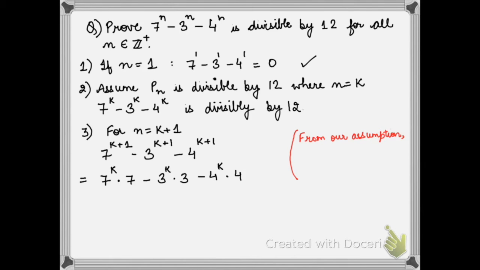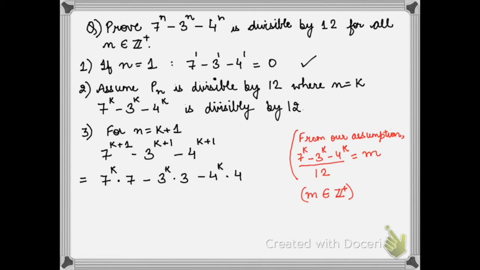From our assumption, we know that 7 to the power of k minus 3 to the power of k minus 4 to the power of k is divisible by 12. What it mainly means is that if I divide this equation by 12, I should get a positive integer. So here, m is any element of the positive integers.